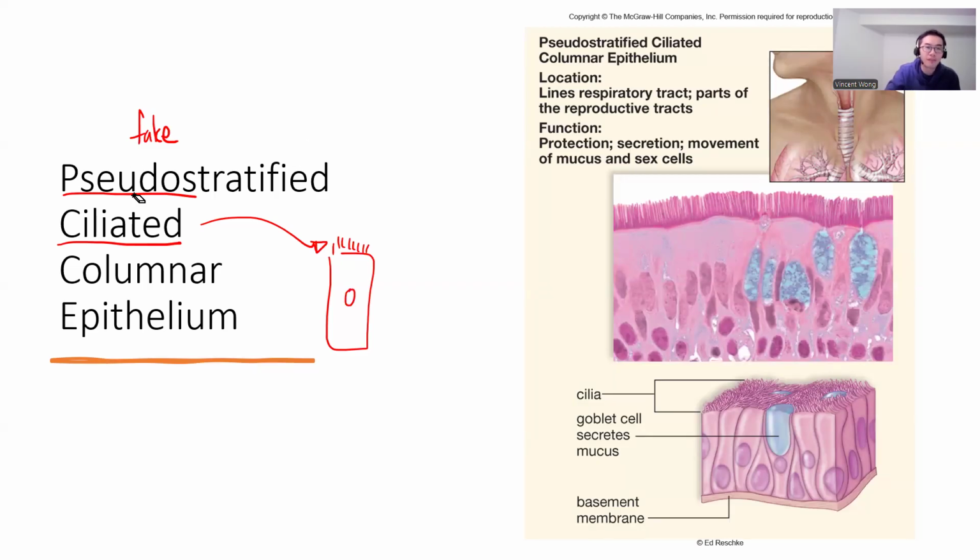It's fake, pretending to be multiple layers. That's what it means. So pseudostratified is a single layer, but it appears to be multiple layers. You will find them in airways. You will find them in the reproductive tract of the female, to move the eggs. That's the pseudostratified.